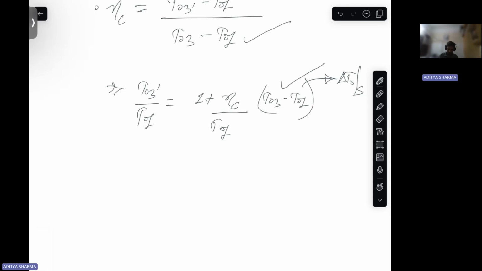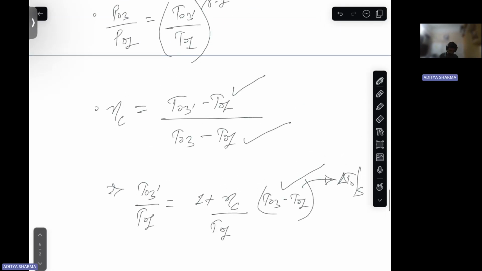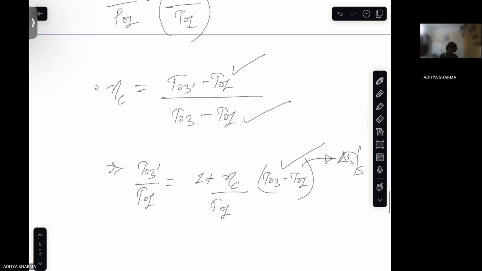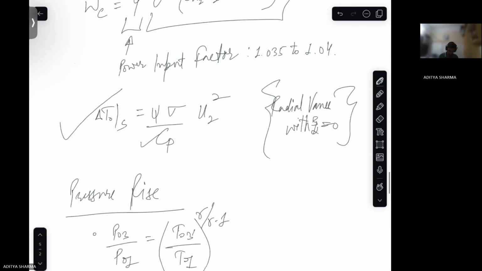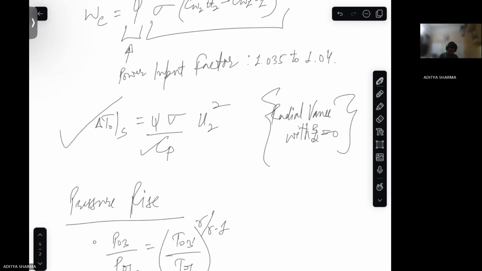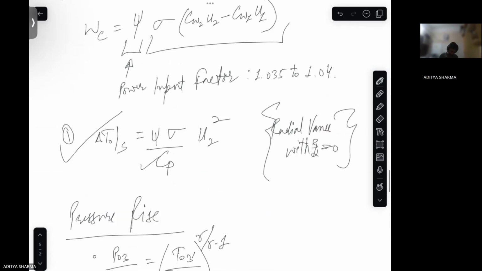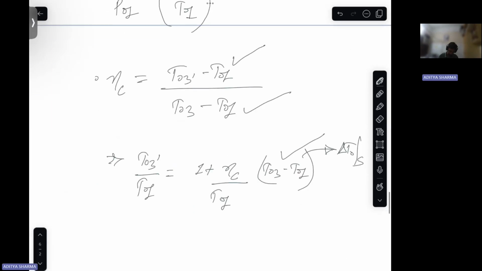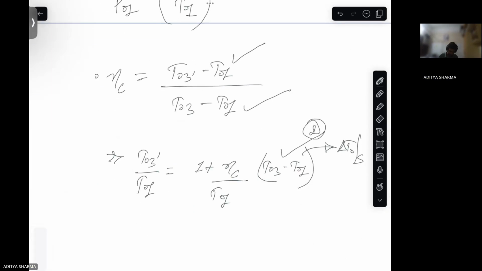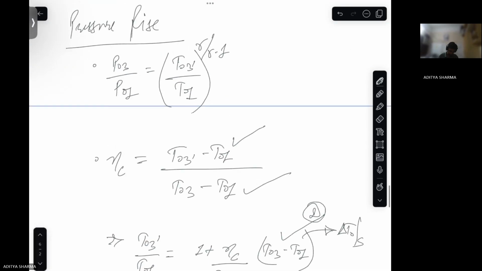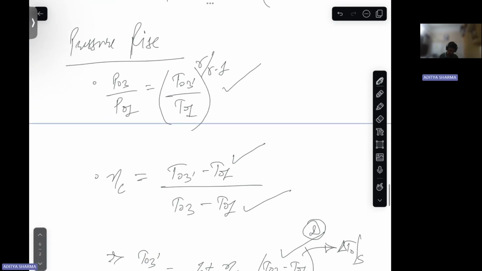Okay. And now if you place these two things, first is this, second is this. In this, if you place in this, this is 2, let's say this is 3.